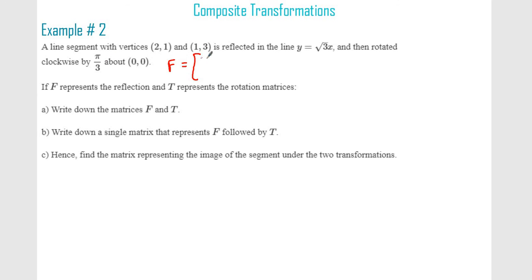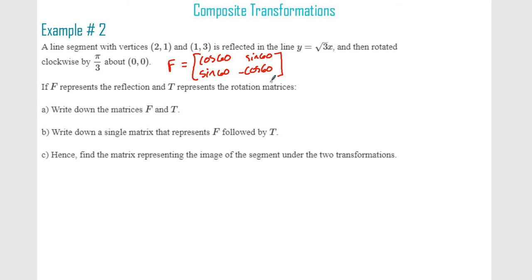So that's cosine 60, sine 60, negative sine 60, cosine 60. Oh, nope, negative and positive. Sorry, had the wrong negative. Okay, so that's the reflection matrix.